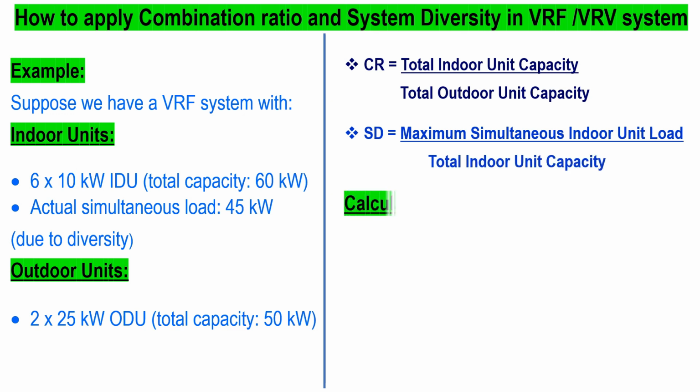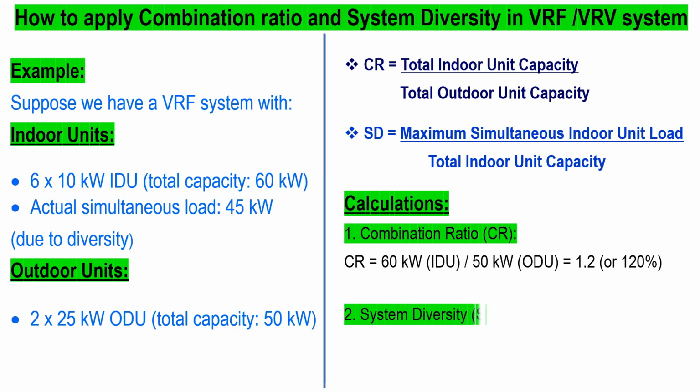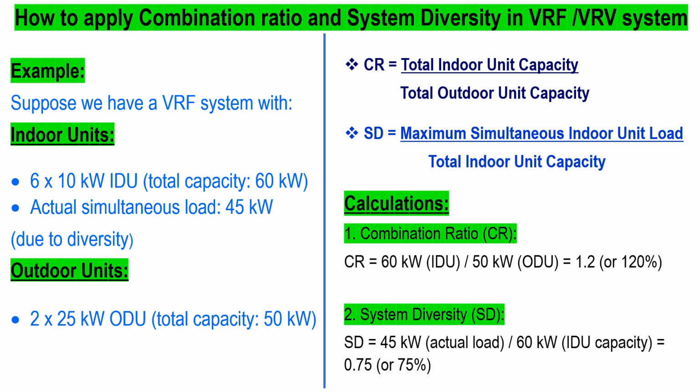Calculations. 1. Combination ratio. CR equals 60 kilowatts divided by 50 kilowatts equals 1.2, or 120%. 2. System diversity. SD equals 45 kilowatts actual load divided by 60 kilowatts IDU capacity, equals 0.75, or 75%.